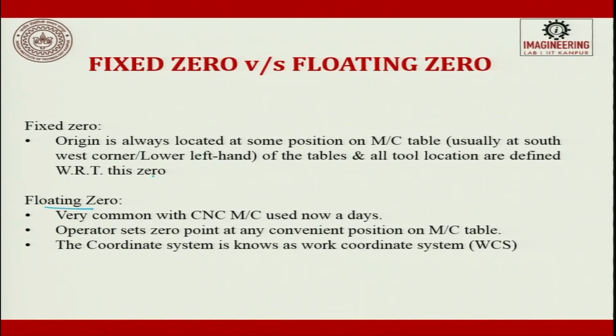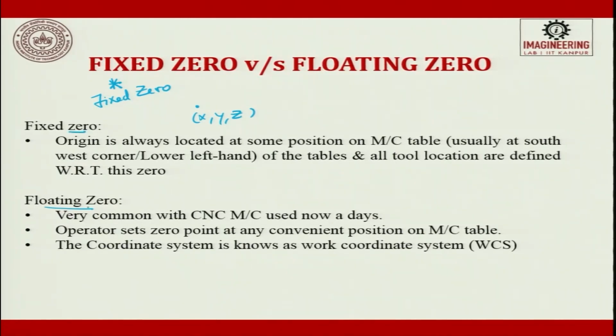For example, as soon as you switch on the machine, it will move here and there and go back to your home position. That home position's XYZ data is always taken with reference to a single point, which is called fixed zero. This is the machine fixed datum which we cannot change.